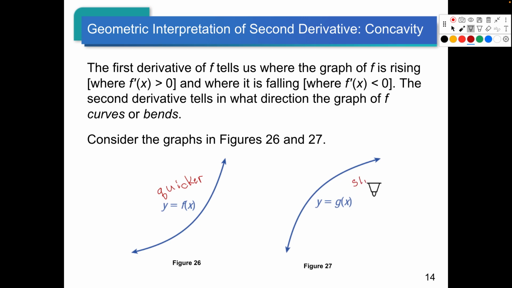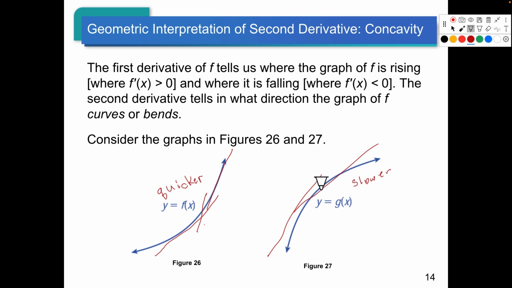This is going slower. And when we're talking faster and slower, or quicker and slower, we're talking about the second derivative. The first derivative is going to be positive for both of these. And if we were to lay out some tangent lines, we'd see the tangent lines are all going up. Tangent lines all have positive slope.